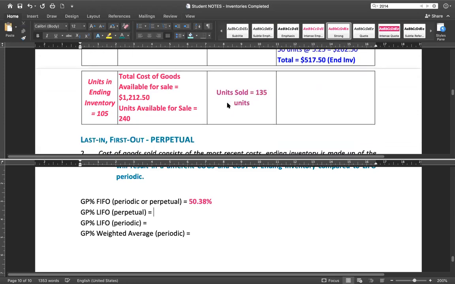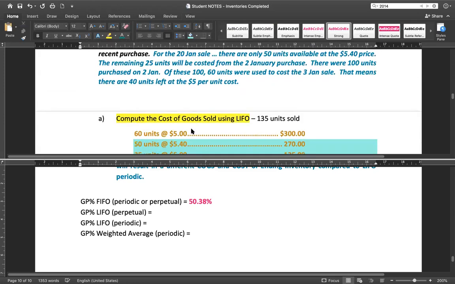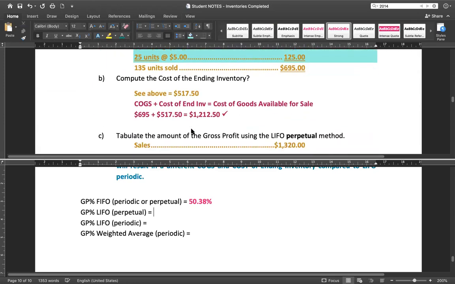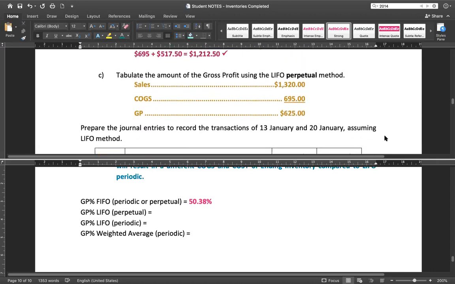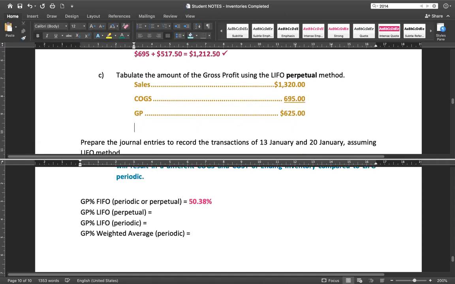All right, next one that we have here is LIFO perpetual. Last in, first out perpetual. Oh, we didn't compute it. So let me go back here and I'm just going to compute it. So the gross profit percent is going to be equal to 625 divided by 1,320. Okay, 625.